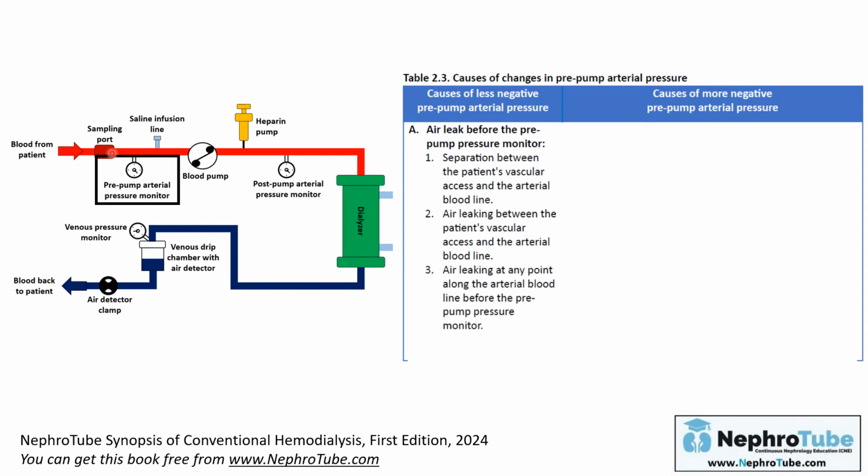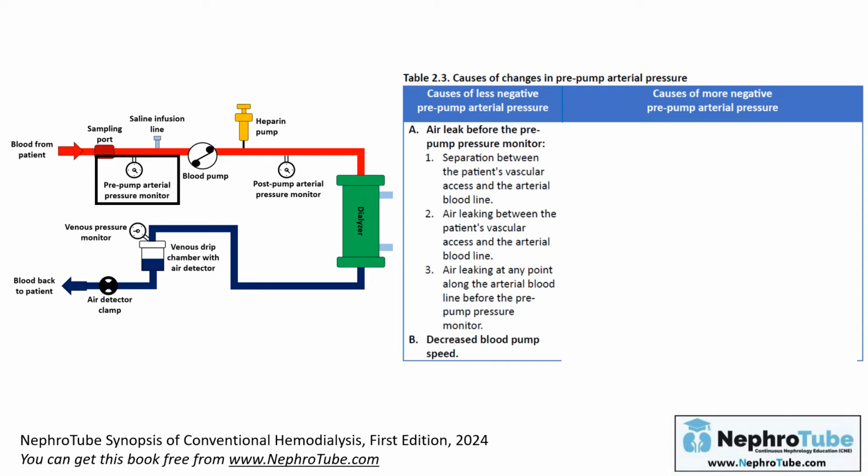So any air entry, whatever the way, before the pre-pump arterial pressure monitor will cause less negative pressure, because it will decrease the negativity, which means an increase in the pressure in this area.